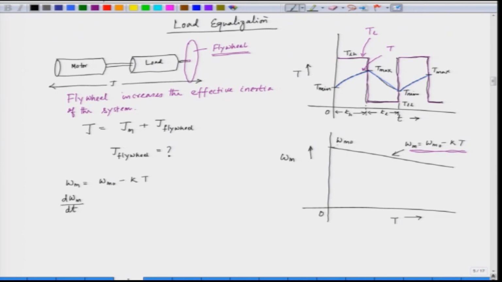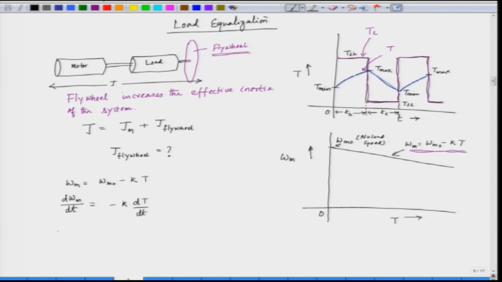Now, omega m naught is the no load speed, the speed when the load is 0. This is a constant quantity, so its derivative will be equal to 0. So, what we get is minus k dT by dt, and we will be applying our equation.